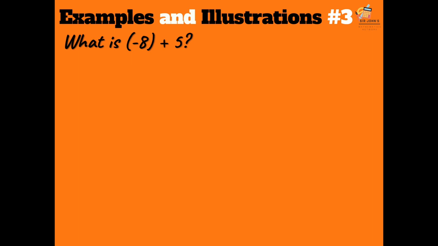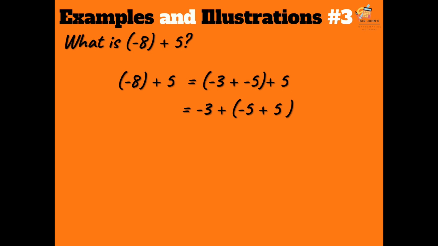So now, let's answer negative 8 plus 5. To answer this problem, let's use the rule. So, negative 8 plus 5 is equal to quantity negative 3 plus negative 5 plus 5. And that will be equal to negative 3 plus quantity negative 5 plus 5.